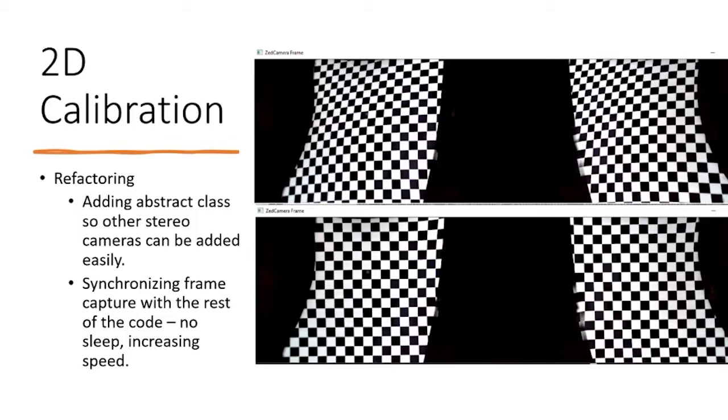I figured this out during the refactoring I did on the 2D calibration method. During the refactoring I added an abstract class, so other stereo cameras can be easily added and it can be easily extended. And I also synchronized the frame capture with the rest of the code, so it can run much more quickly than the original approach.